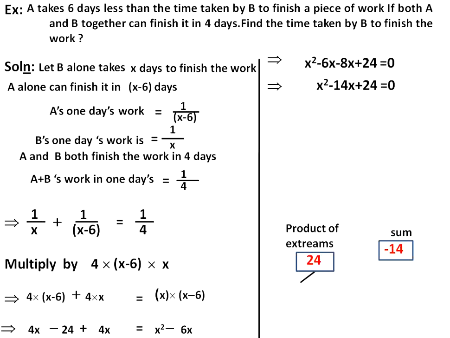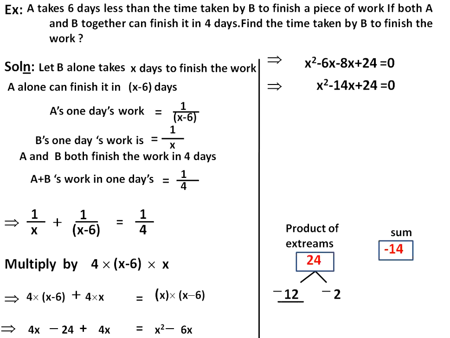So very simple: 12 into 2 is 24, and 12 plus 2 is 14. I need minus 14, so I put minus on both: minus 12 into minus 2 is plus 24, and minus 12 minus 2 is minus 14.